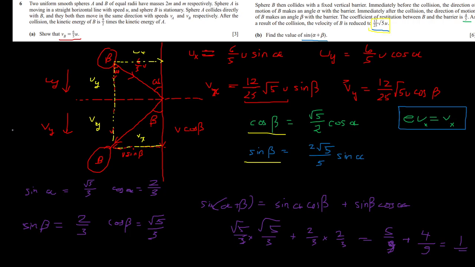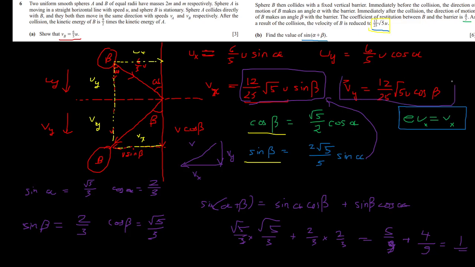And that was how we solved this, and it was basically free 6 marks, because all you had to do was find out the horizontal velocities after collision, and use the Pythagoras theorem. So we found Vx in terms of this, and we found sine beta. We just replace that over here to get in terms of sine alpha. Once you did your entire calculation, we get Vx, we get Vy in the similar fashion.